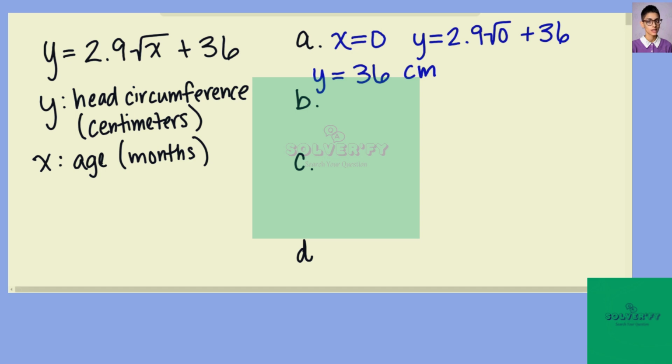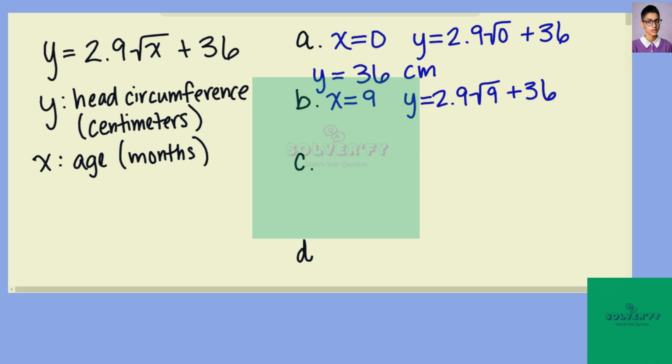For prompt B, we are asked, what is the head circumference at 9 months? Again, we are given an age, and this time that age is 9. So we want to think of using 9 where x is in the model. So y equals 2.9 times the square root of 9 plus 36.